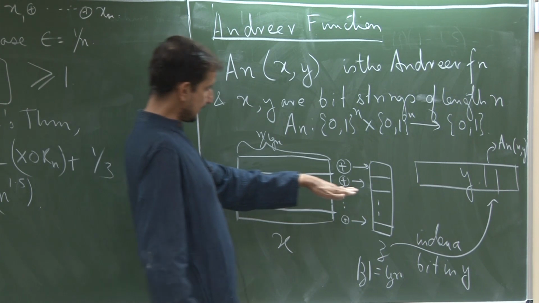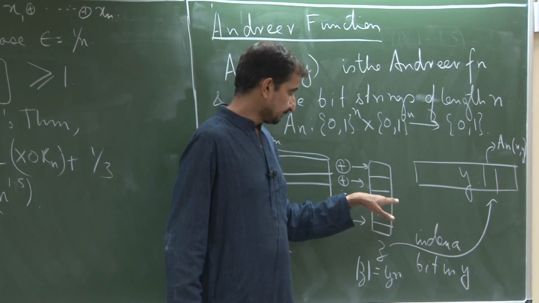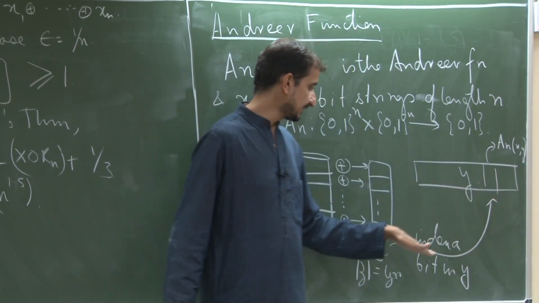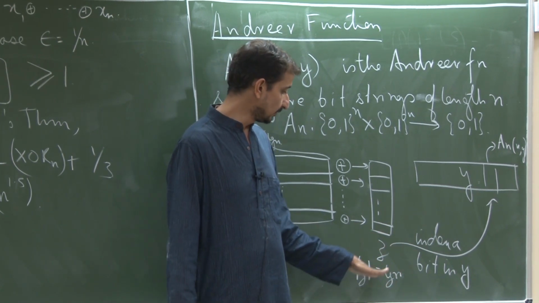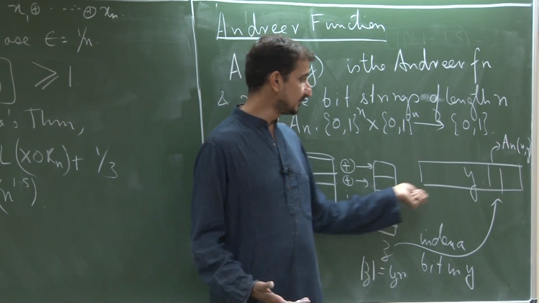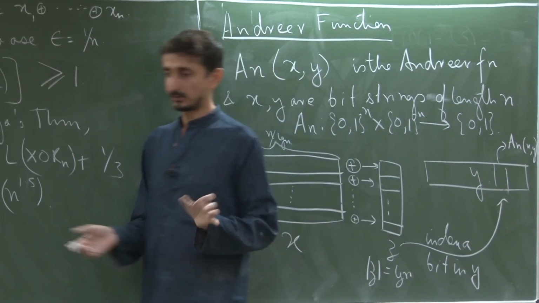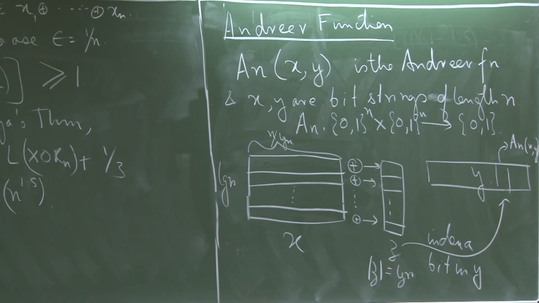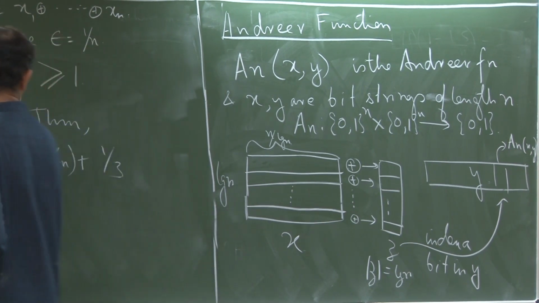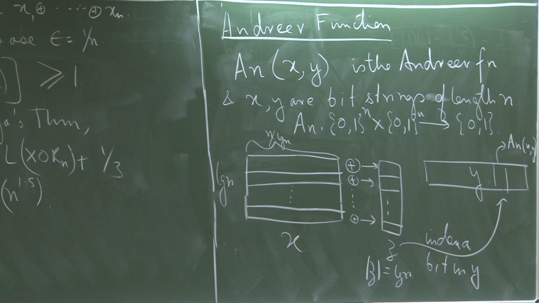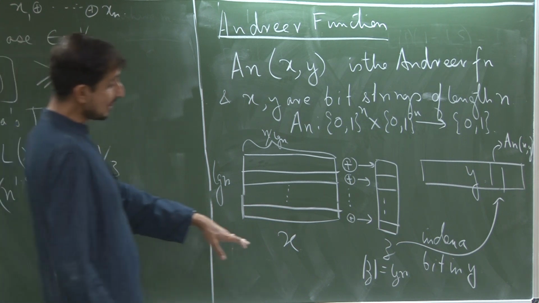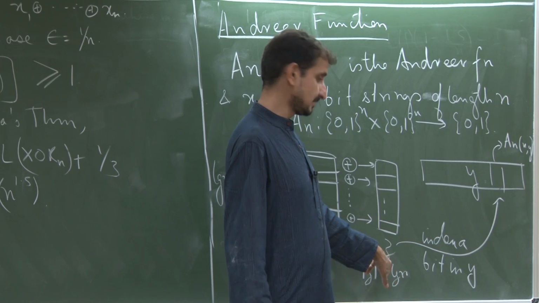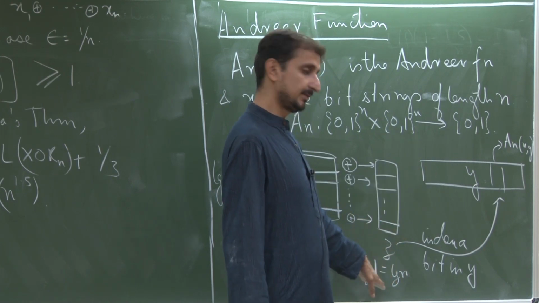Because any string of length n can be indexed by a string of length log n. Whatever the value of z is in decimal, I will use it to index y, and that is my value. So, is it clear what the function is? Any confusion? z has log n bits, yes.